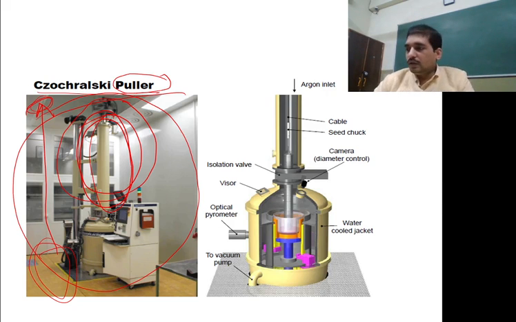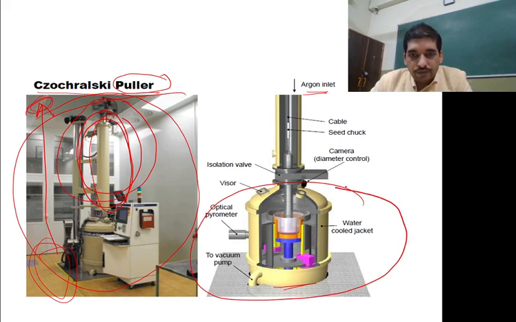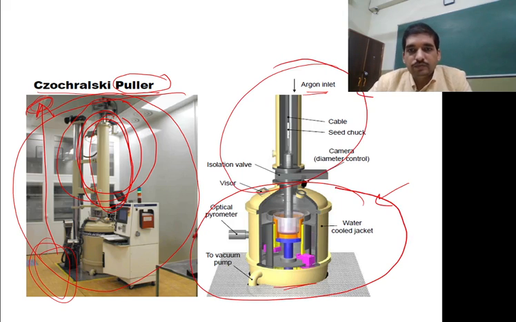Let us have a look at the second diagram. Here in this puller mechanism, this is basically the interior furnace zone, and this is your puller mechanism zone. Here there are the argon inlet, cable, seed chuck, camera. What are all these things, what is their purpose, that will be clear to you after a few minutes.